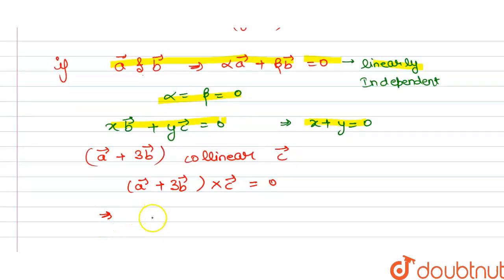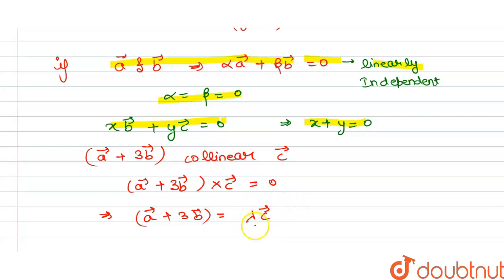From here we can write a plus 3b equals lambda c, where lambda is some constant.